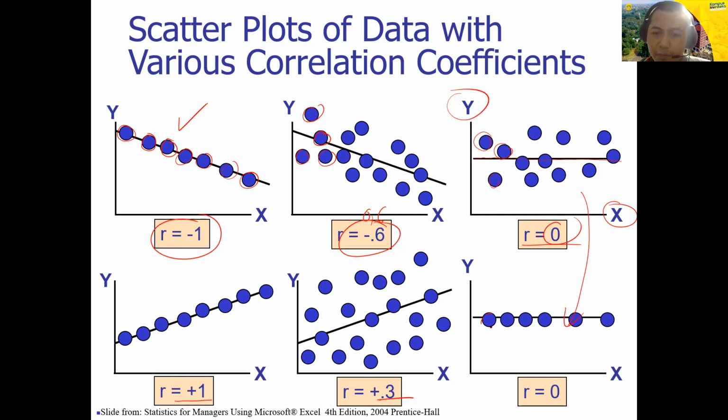If this is perfectly in a horizontal line, then we can say the correlation coefficient is also 0. And this is correlation equal to 1, meaning the data is perfectly located on the line. Okay, I hope it's easy to understand.